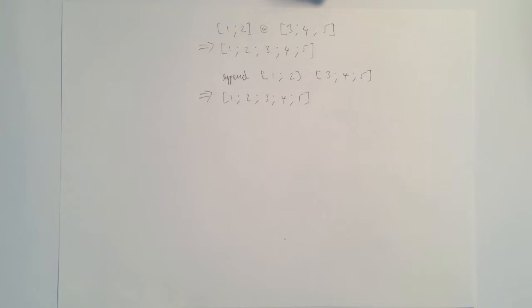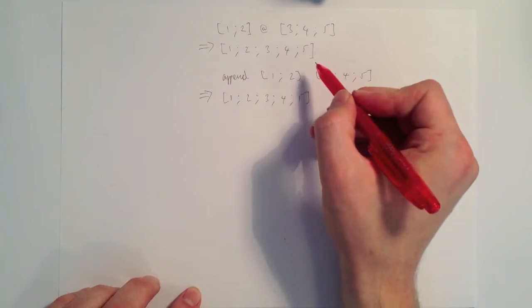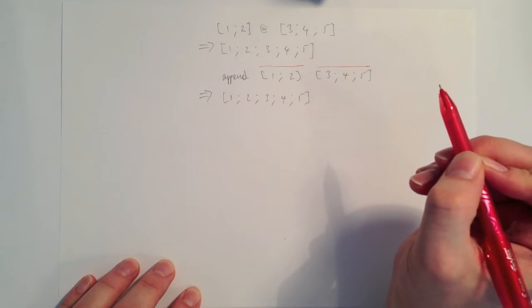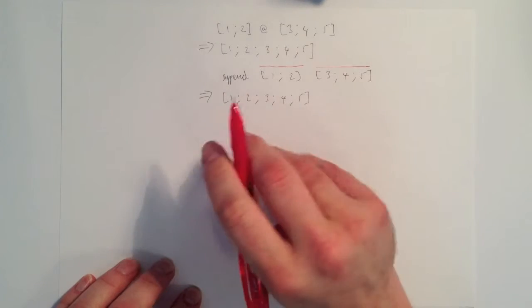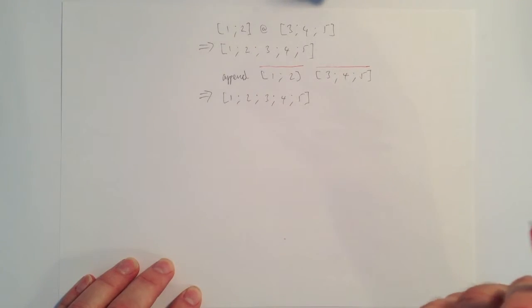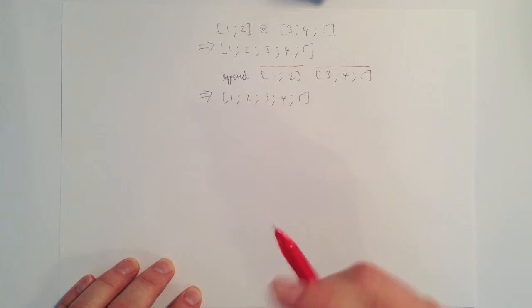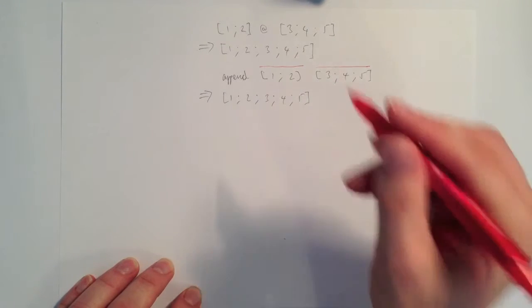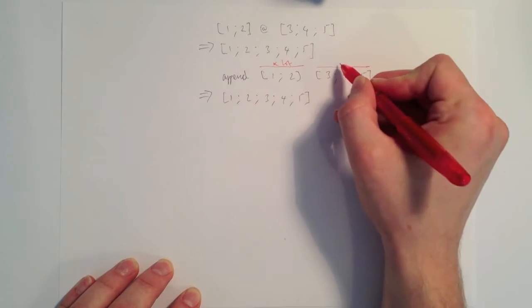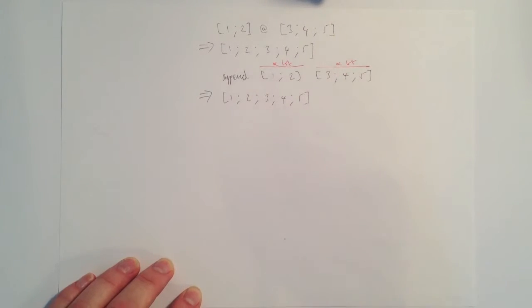Well, what would the type of this append function be? In our example here, these are both integer lists, but we know that the append function is actually going to be general. It's going to be able to append any kind of lists, so long as the kind of lists are the same as one another. So we'll call these alpha list. So what would the type of the whole append function be?